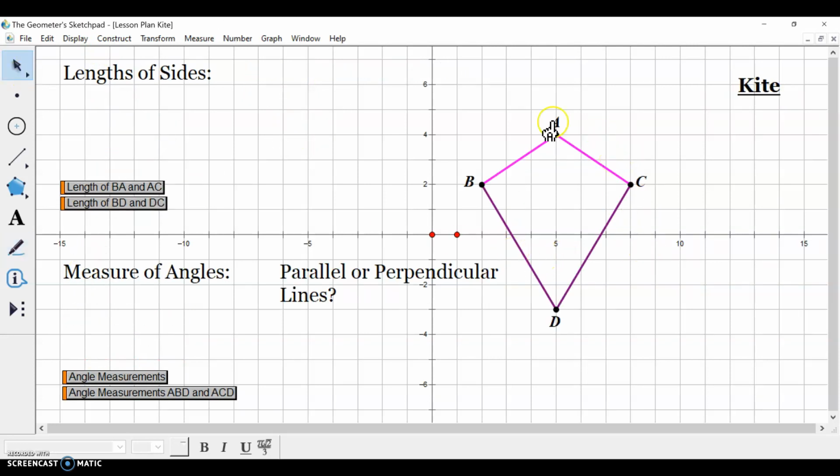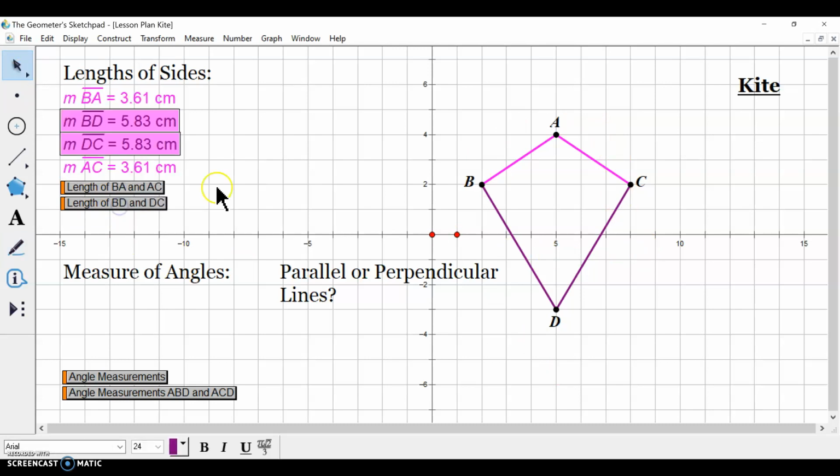Next, we're going to be taking a look at this kite. When we find the length of the sides of this kite, we can see that side BA and side AC, the two in bright pink here, have the same length, and also side BD and side DC have the same length. So from that, we can say that the two sides next to each other, or adjacent sides, are equal.